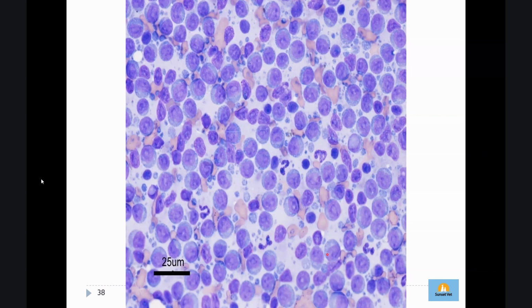Okay, the easy way. If I say there are granules, which of the round cells has granules?